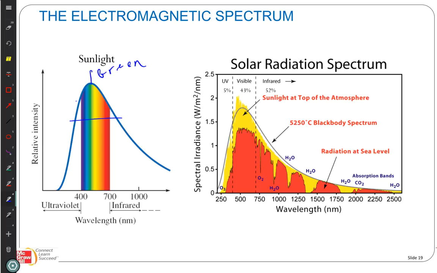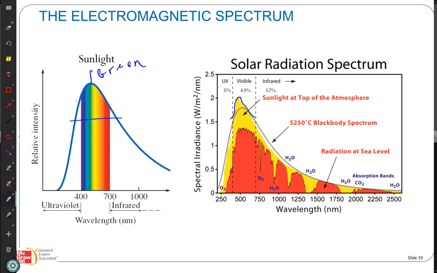And so while these are not exactly the same, they're going to activate them about equally, and it looks white to us. There is some variation between the spectrum the sun puts out and what we receive on Earth, because we have atmosphere between us and the sun, and the atmosphere is absorbing light. So we have here the sun at the top of the atmosphere following that yellow. So the sun at the top is roughly the black line following the yellow, but it actually comes up a little higher there.